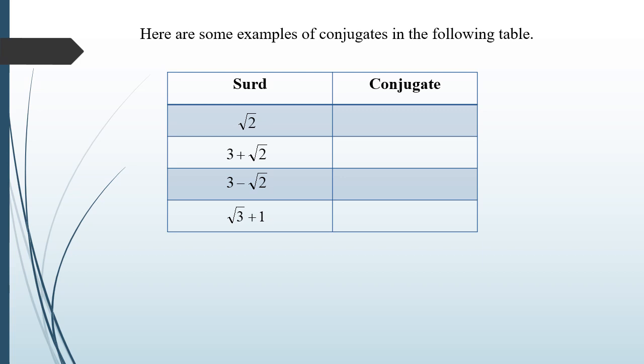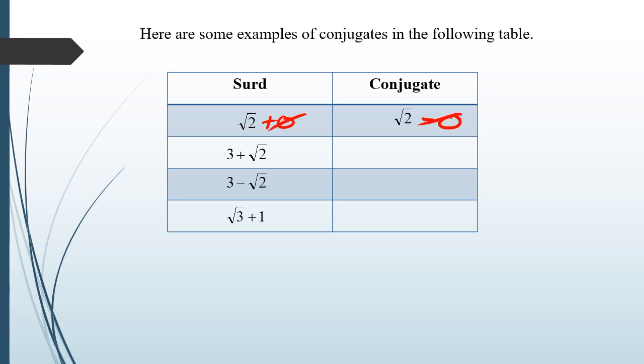So here are some examples of conjugate in the following table. So root 2, what is the conjugate? So we put negative there. Root 2 multiplied by root 2 will eliminate the surd. So we just need to change the sign on one of them. So this is root 2 plus 0, this is root 2 minus 0, which is the same.